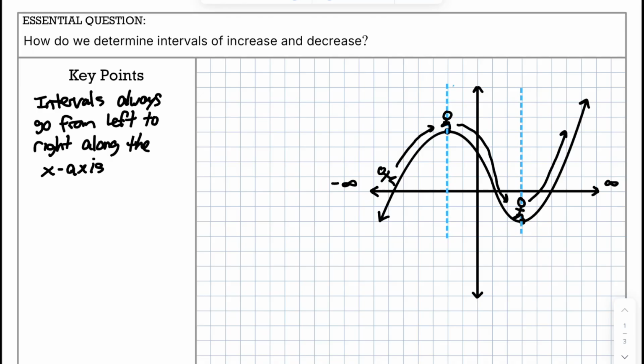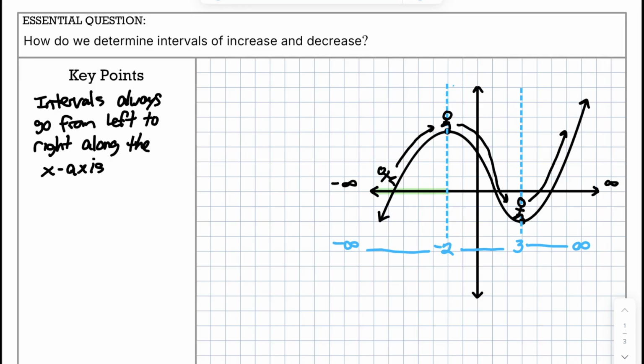So the actual intervals along the x-axis go from negative infinity to negative 2, and then from negative 2 to 3, and then from 3 to infinity. So we have our three intervals there. And this guy's going up from negative infinity to negative 2.